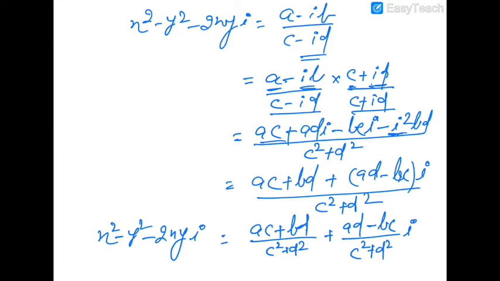Here x square minus y square is this whole, and minus 2xy is this whole. So one by one we'll be writing. Then x square minus y square is equal to (ac plus bd) upon (c square plus d square).